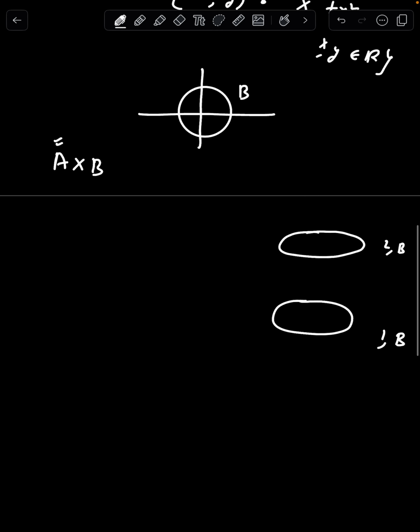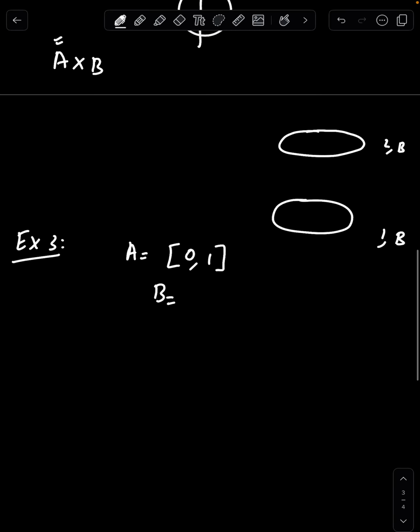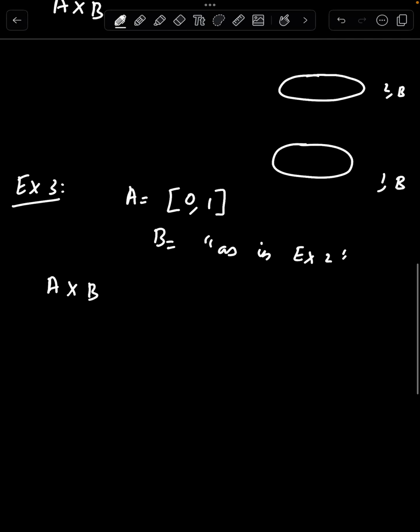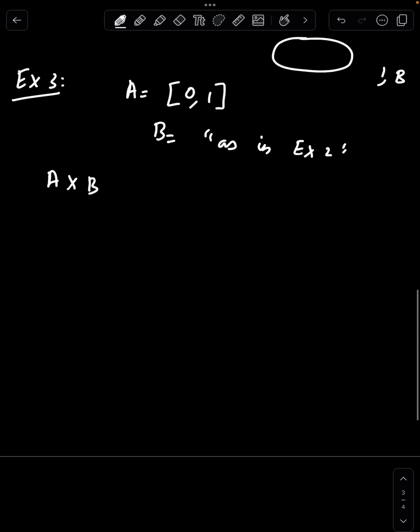Now if we take A equals the closed interval [0, 1], and B equal to, as we took it earlier in example 2, then what is A cross B? Let's see.